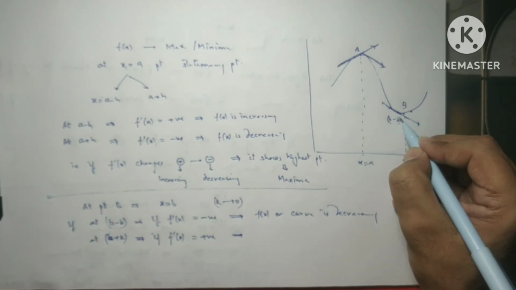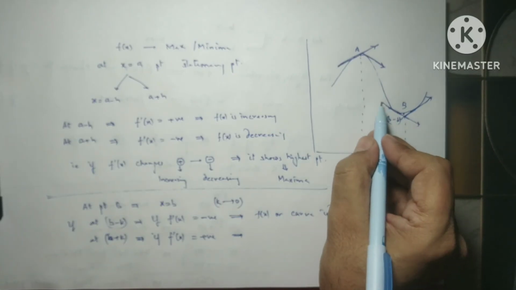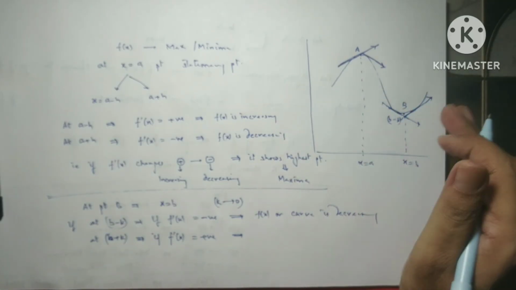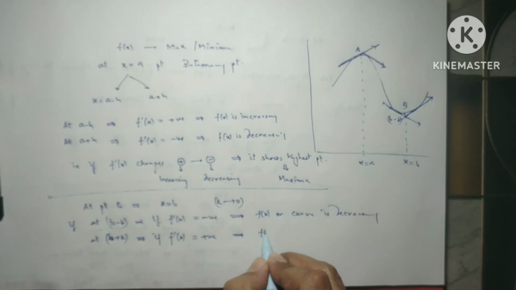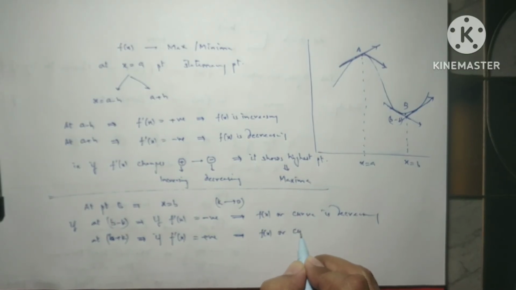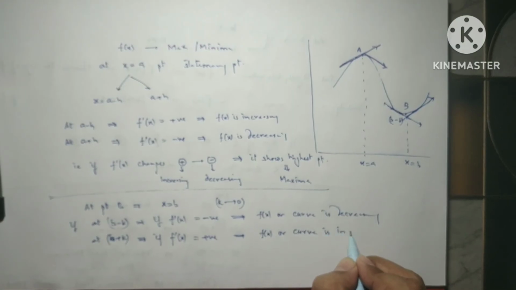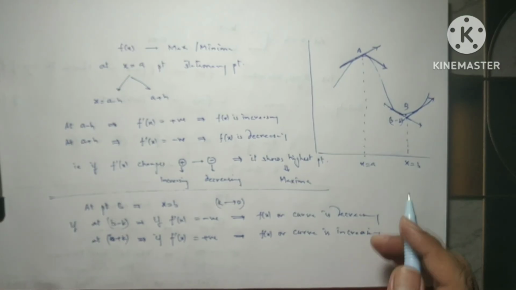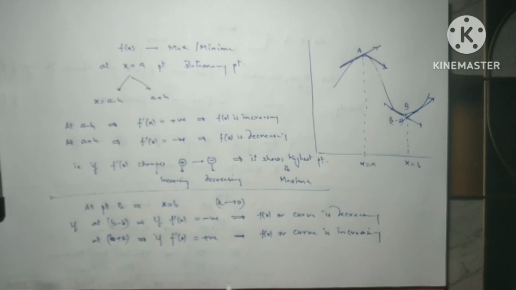So it will be like this. So first decrease, then increase. So it is a lowest point, the function or curve is increasing. So the nature of the curve turns, first decreasing then increasing. So it is the lowest point, or you can say minima.